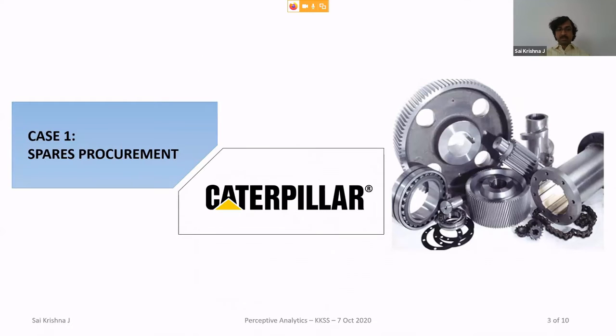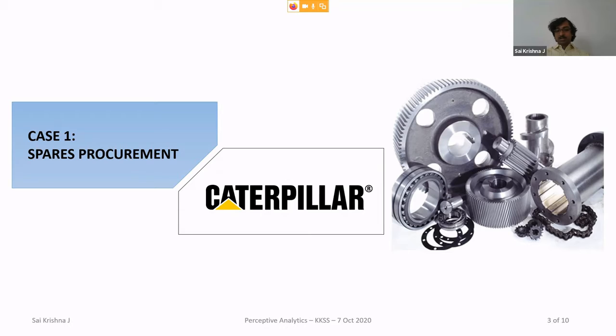So this case which I'm talking about, the spare parts procurement case, was involving the company Caterpillar. Caterpillar manufacture trucks, bulldozers, earth-moving equipment, and the like. Five years back, I'm sure you must be familiar with this website called Kaggle.com, and they had crowdsourced a particular problem that they were facing.